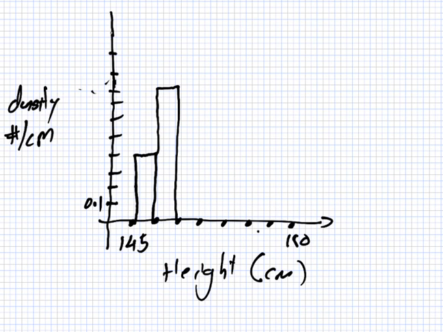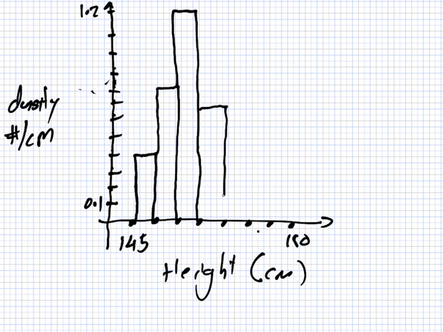One point what? 2. Okay, 1.2. Okay, next. 0.6. Next. 0.4. Next. Again 0.4. Okay. 0.2.